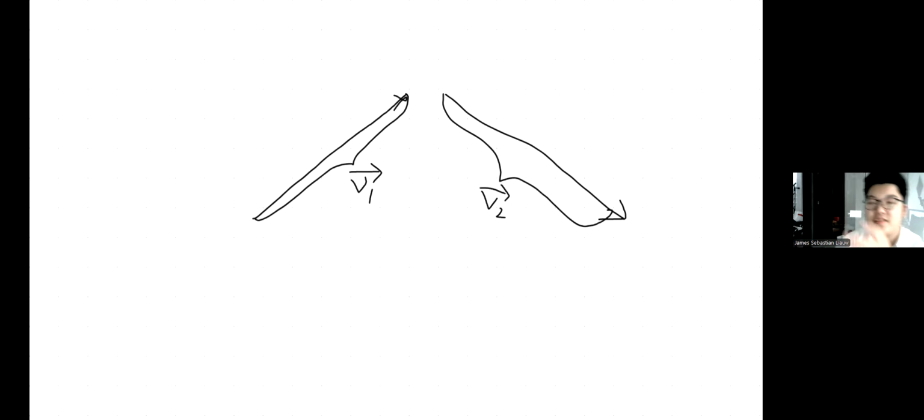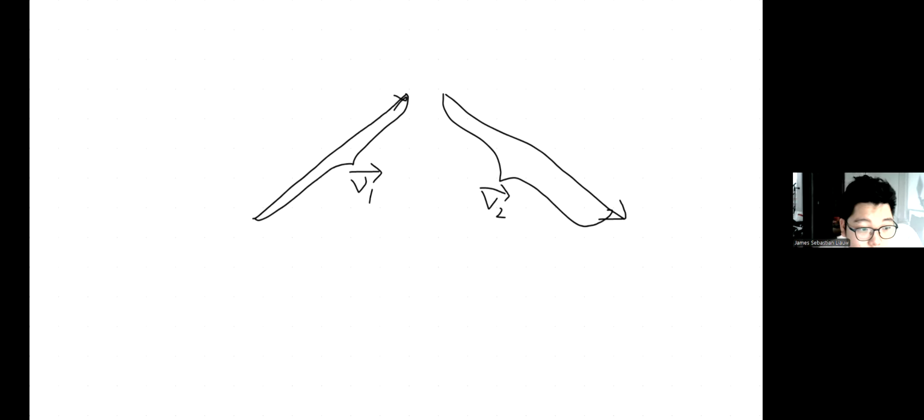Even though the magnitude of v1 and the magnitude of v2 are the same, the direction is not the same, and that means that the vectors are not equal.